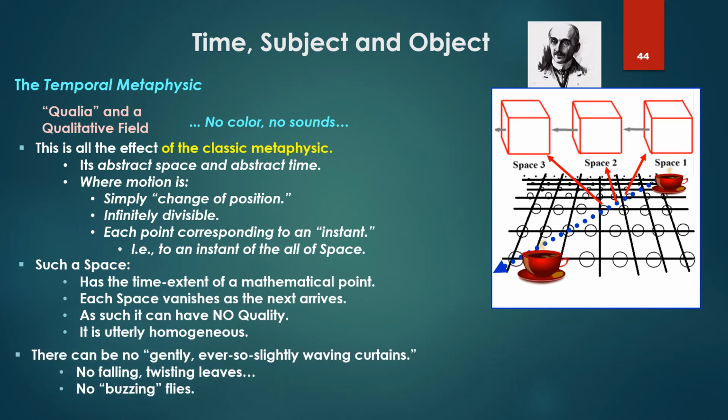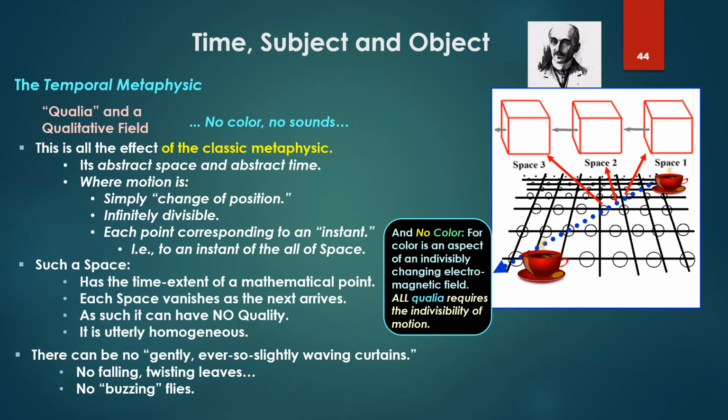There can be no gently, ever so slightly waving curtains, no falling, twisting leaves, no buzzing flies. And no color, for the color is an aspect of an indivisibly changing electromagnetic field. All qualia require the indivisibility of motion. The abstract point continuum is homogeneous and qualityless.